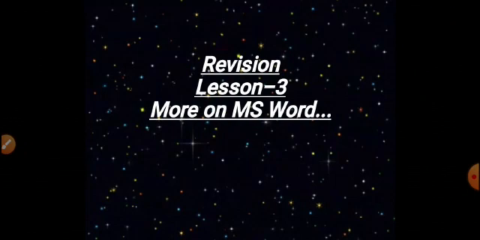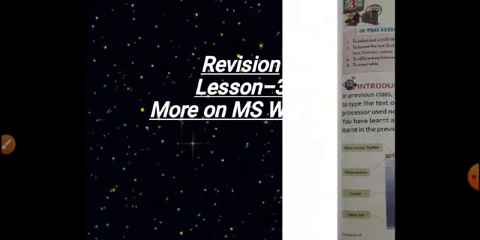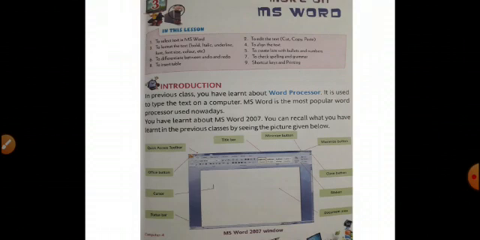Okay. So for this you can open your page number 33 on lesson number 3, which is on MS Word. MS means Microsoft Word. Okay. So we know very well about the word processors. Why is it used? To type the text on a computer.